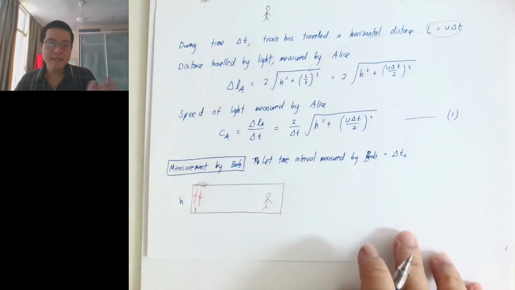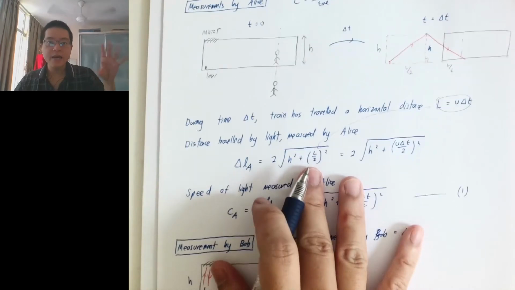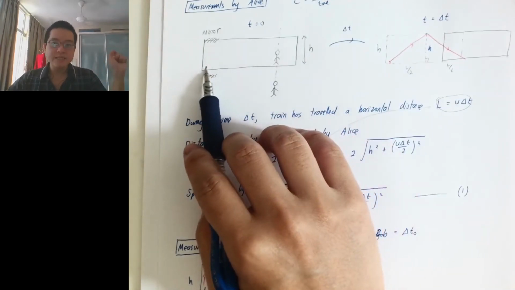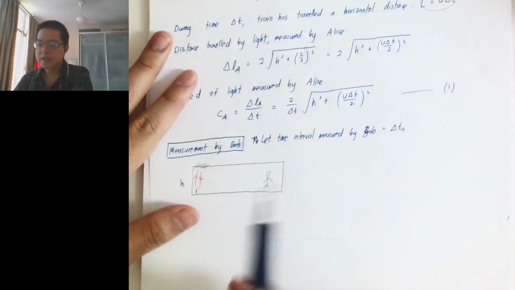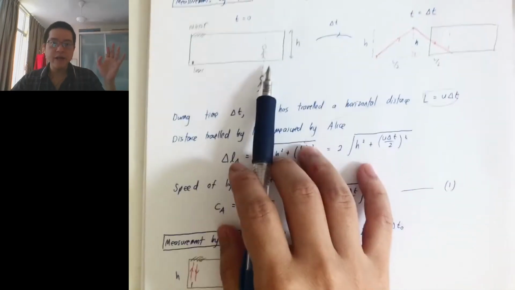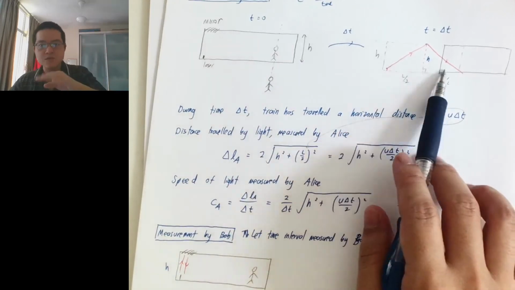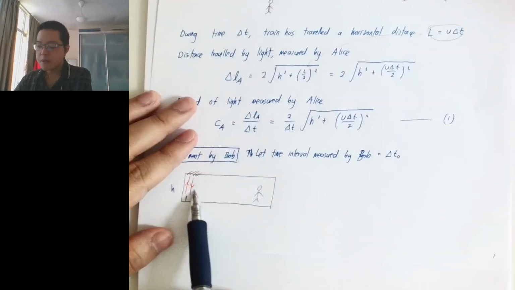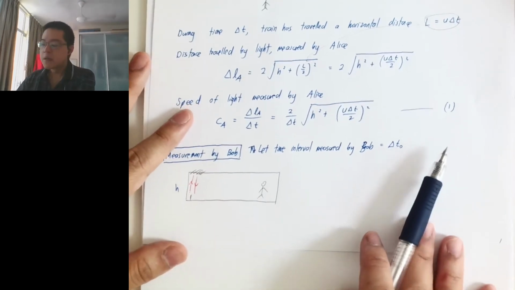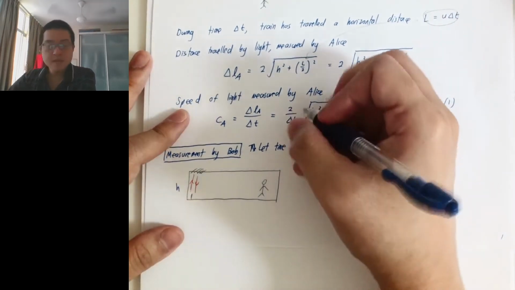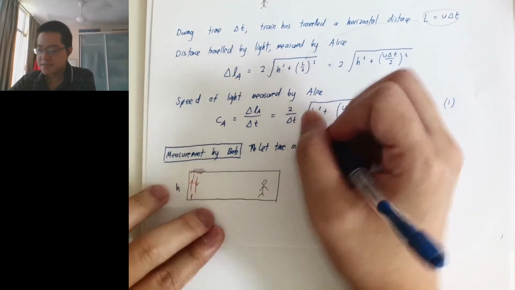What is the time interval for both cases? The time interval is the time the laser starts and comes back to the starting point, for Alice. Same thing for Bob, the time the laser starts and then comes back down. This is the time interval. Then the distance traveled is very simple, it's 2h, right?